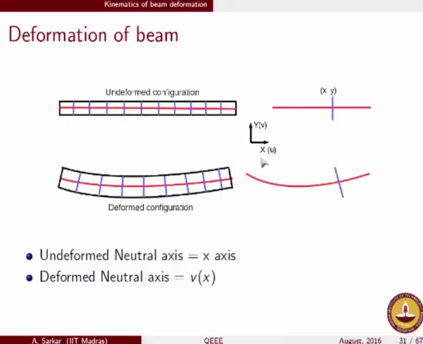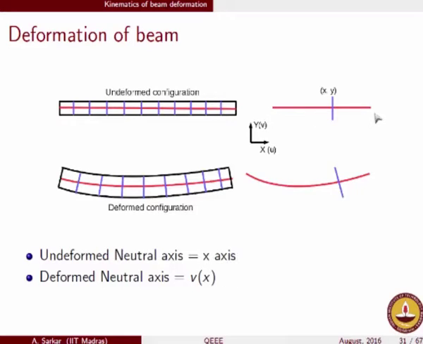X denotes the position of a point along the x direction, y denotes the position of a point along the y direction, but the deformation of a particular point along the x direction is u and along the y direction is v. So what we basically need to find out when we are solving for the deflection of the beam is v as a function of x.